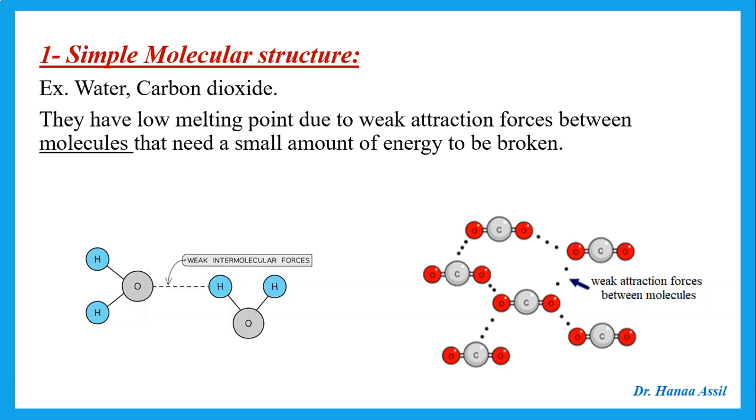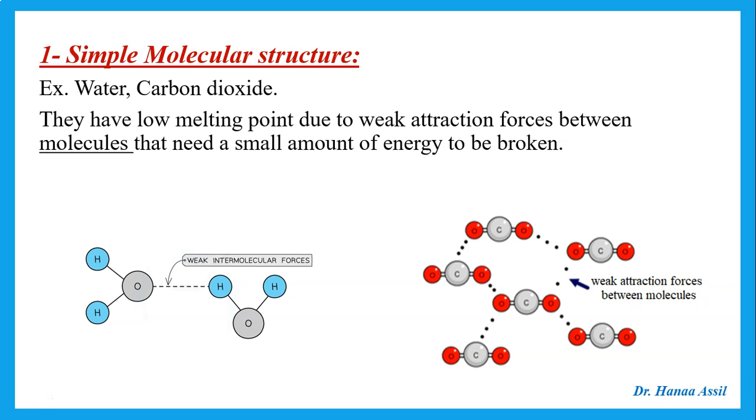Now, why does any substance have a low melting point? Why do water, carbon dioxide, oxygen, chlorine have a low melting point? This is because of weak attraction forces between molecules.